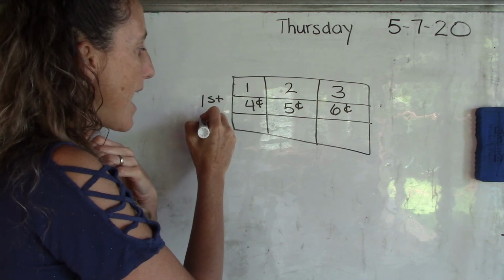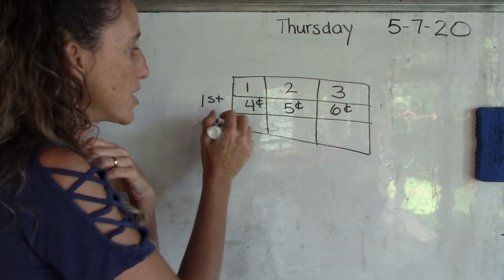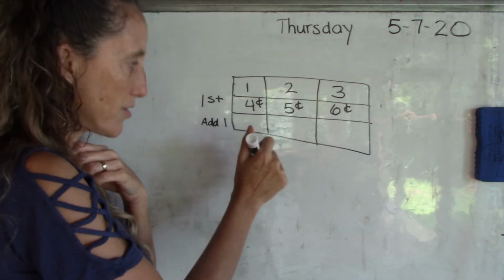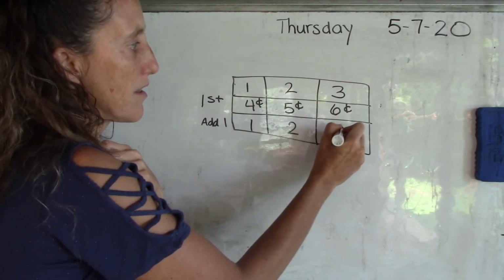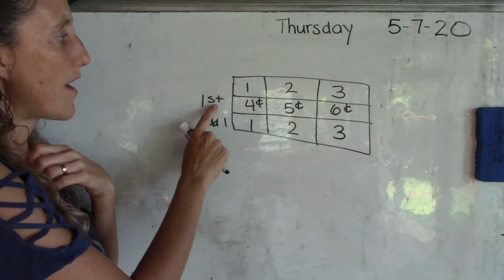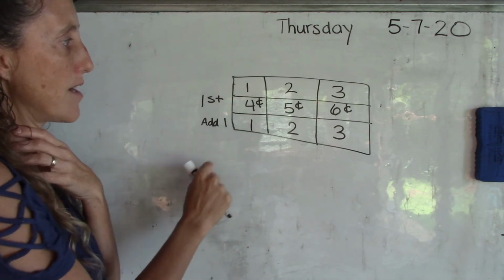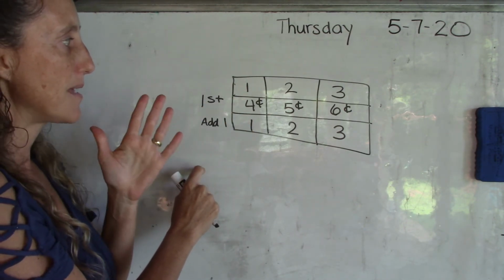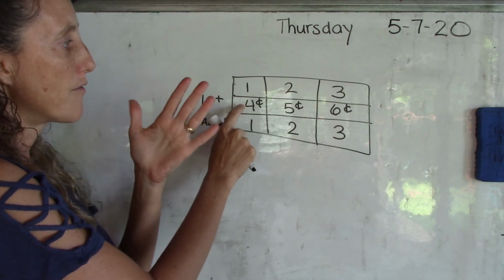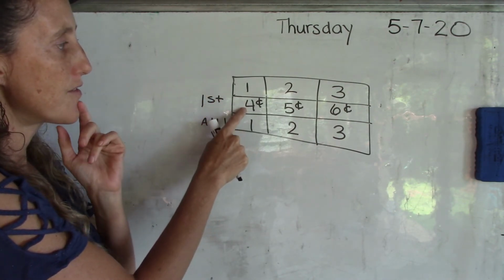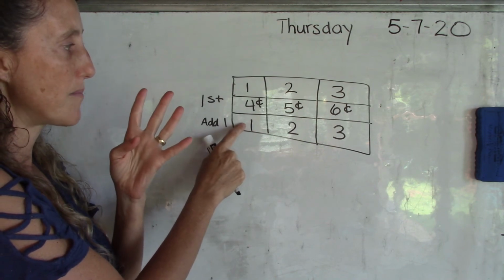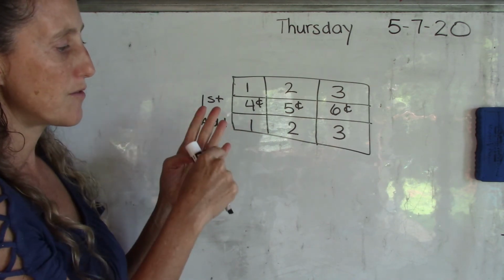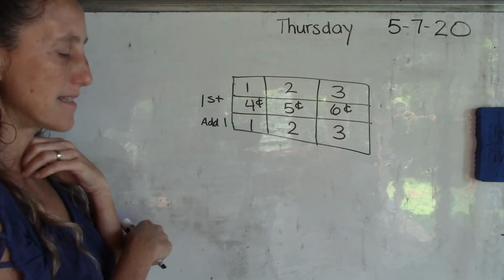And if you want to add a minute, each minute you add is going to cost you 1 more penny here, 2 more pennies here, and 3 more pennies there. So if I were to call to area 1 and I wanted to talk for 5 minutes, it would cost me 4 for the first minute, and the next 4 minutes would be just 1 penny. So that would be 4 plus 4 more. It would cost me 8 cents.